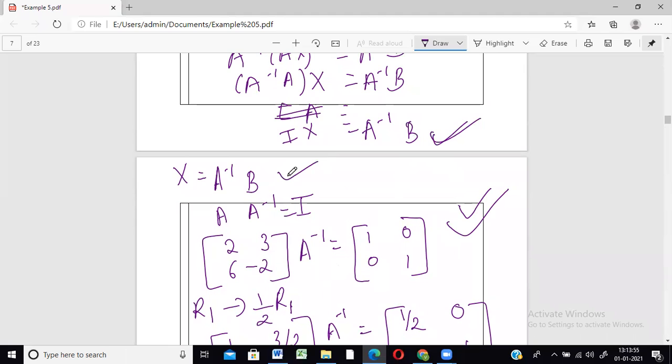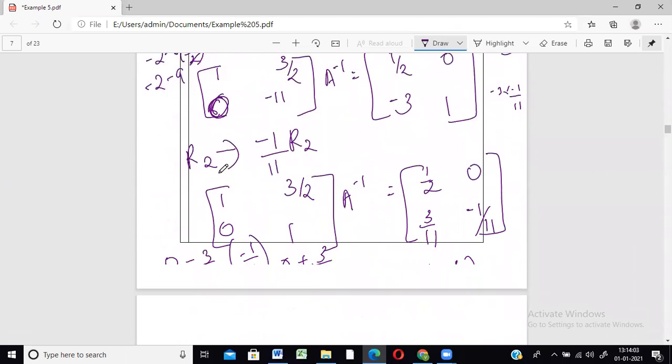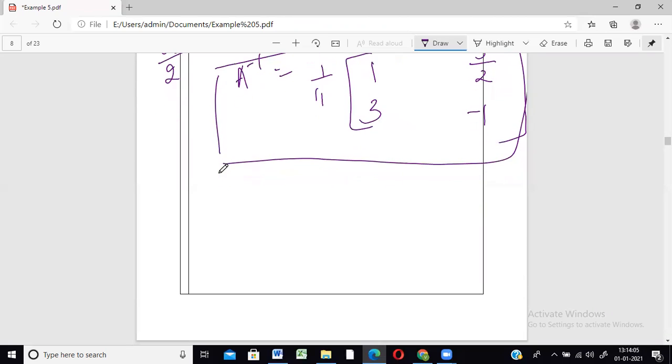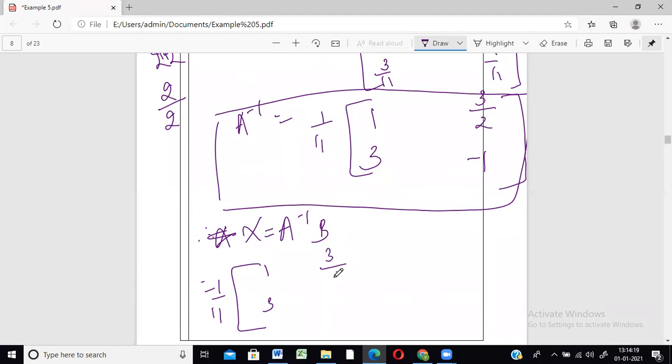So x was equal to A inverse B. अगर हमको A inverse का value easily मिल जाता है, तो x का value will easily find out. So x is equal to A inverse B that we initially had, right? Since we had x is equal to A inverse into B, A inverse will be this full thing, 1 by 11, 1, 3, 3 by 2, minus 1 into B, right?